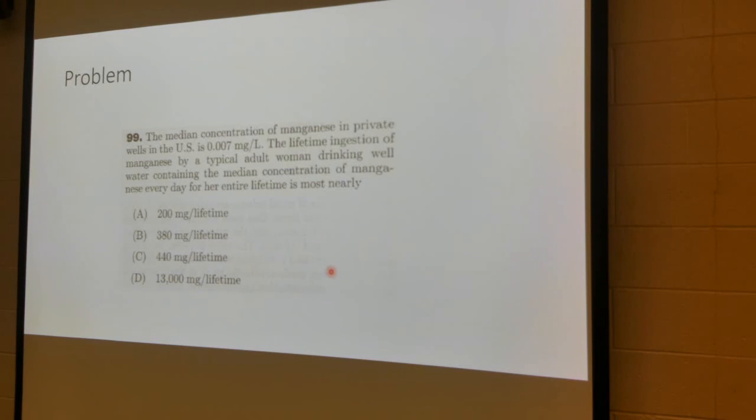We have to see how much water that woman drinks every day, then we find the amount of manganese she drinks every day, and find how much is the average lifetime for this woman. No big deal. We consider a lifetime exposure of 75 years.